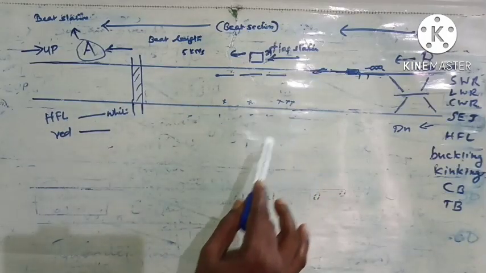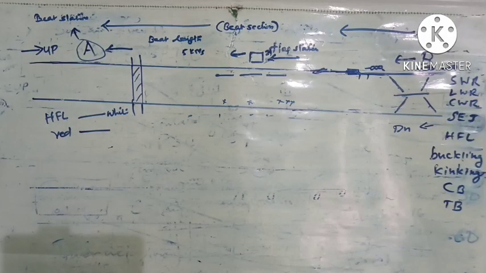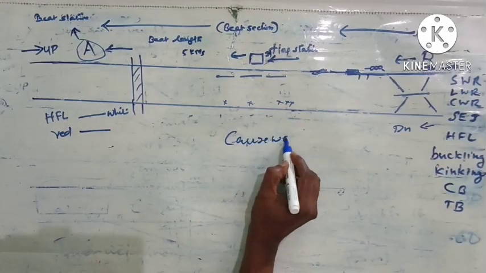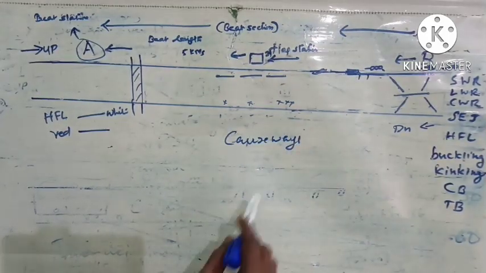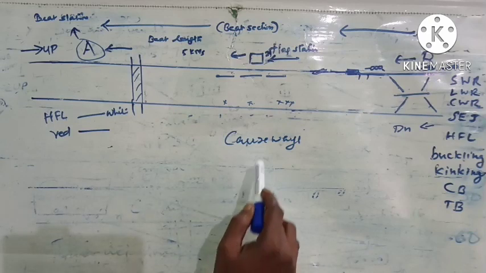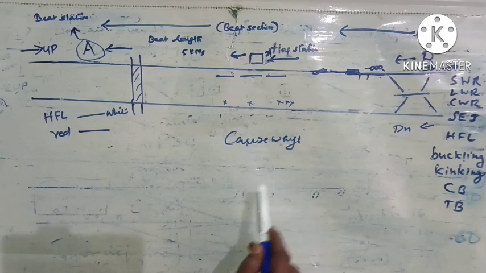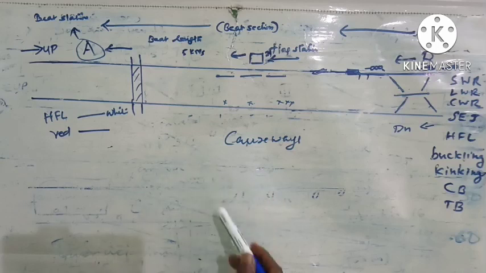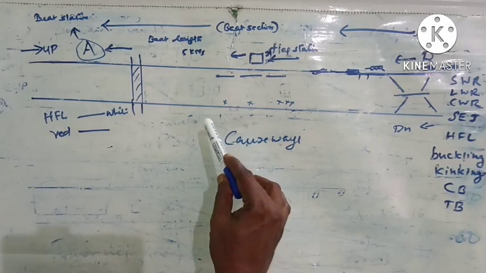Like the bridges, there will be causeways in railways. What are these causeways? Suppose the track is to be laid near a bund or a water logging area or near a very big pond. Normally such an area will be low lying.